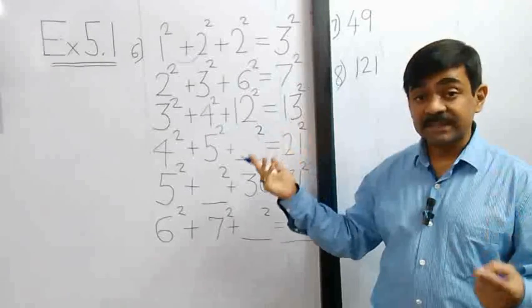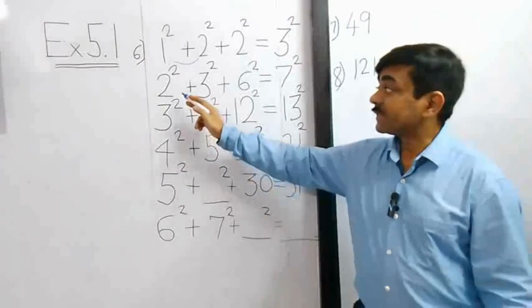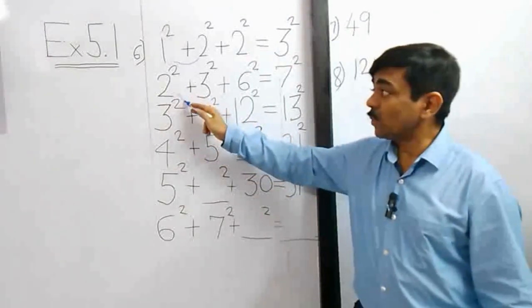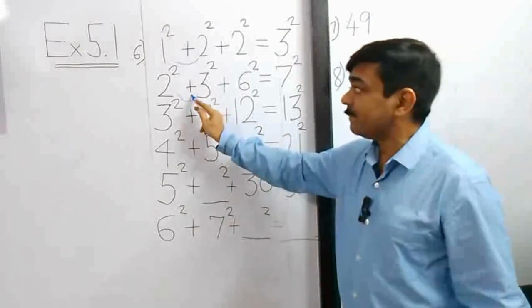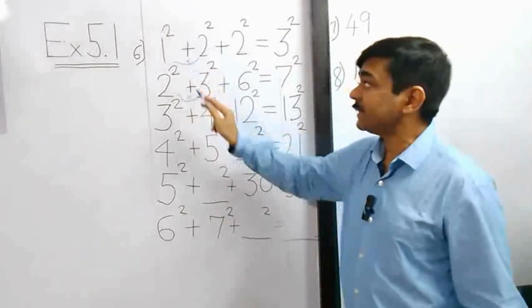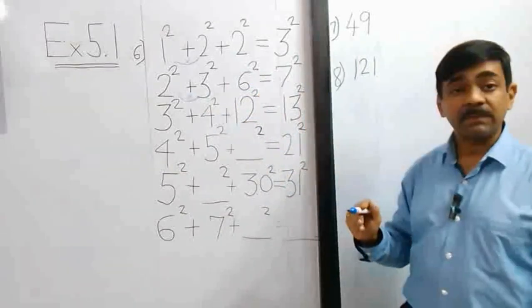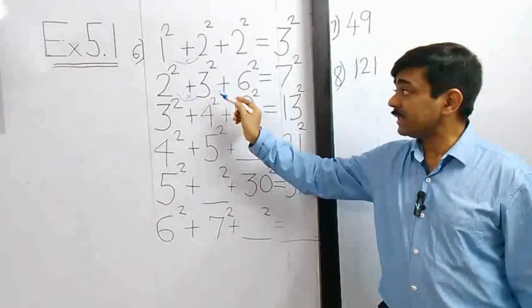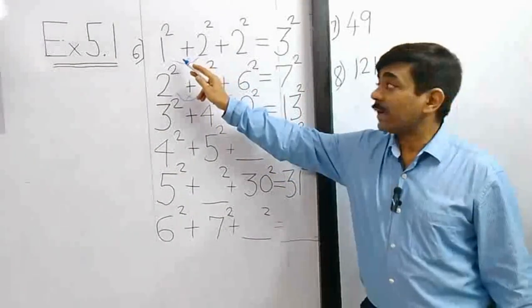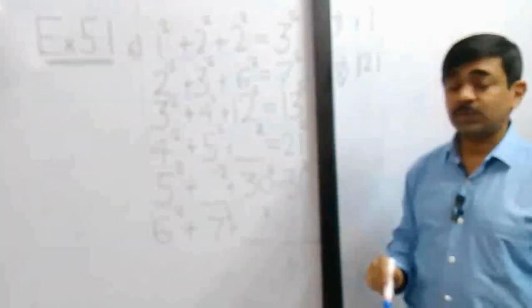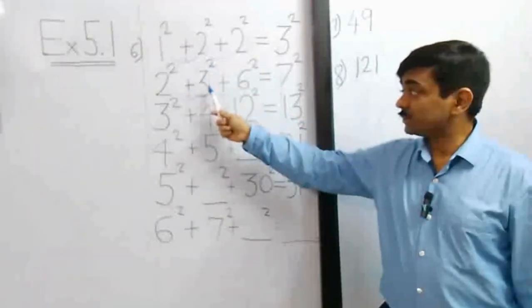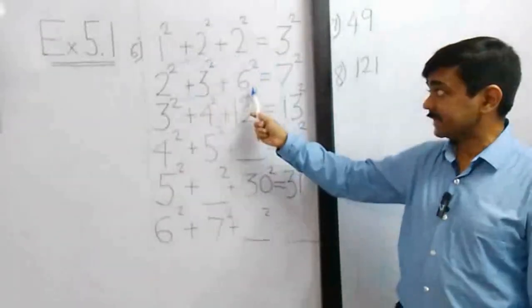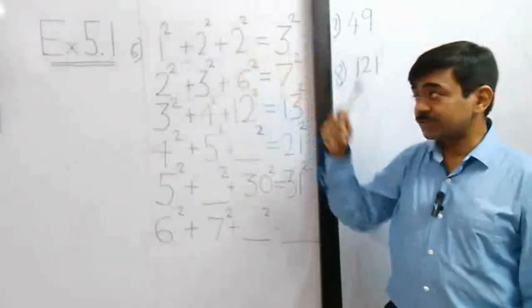Do we have a similar pattern for the second? I see 2 and 3. When you multiply them, you get the third number. Isn't 2 times 3 equal to 6? Isn't 1 times 2 equal to 2?